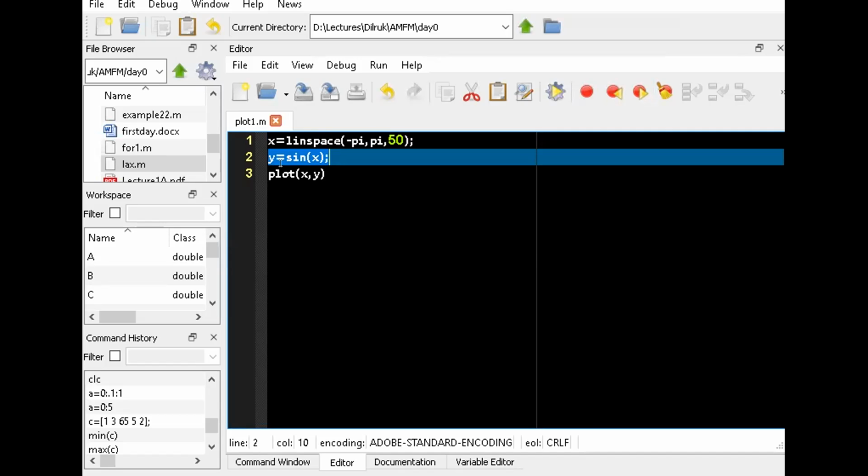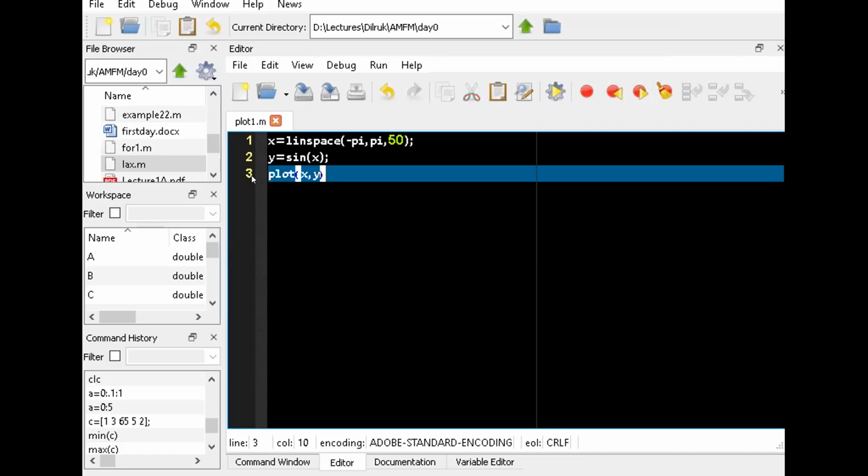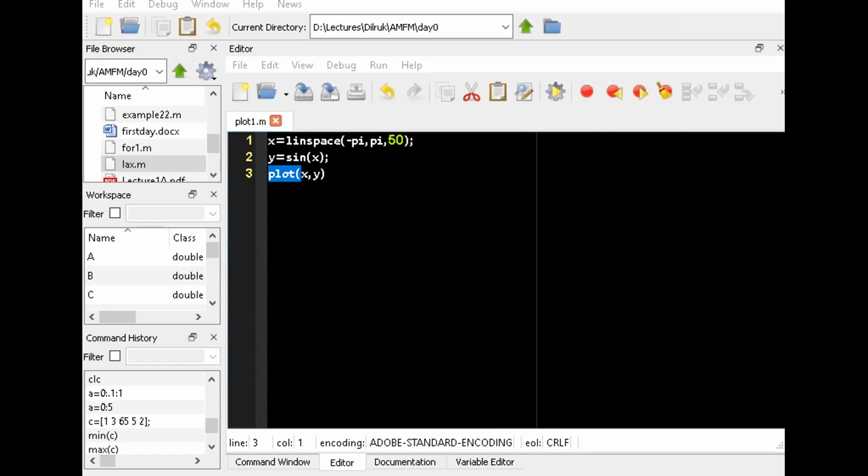So you compute the sine value of each point, right? Then you can plot x and y using this plotting command.